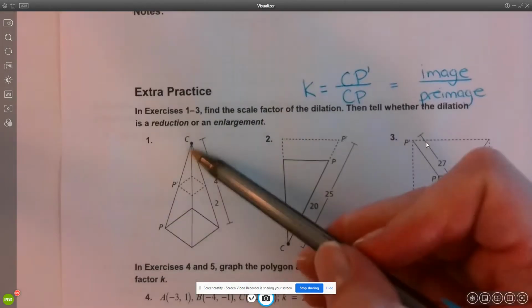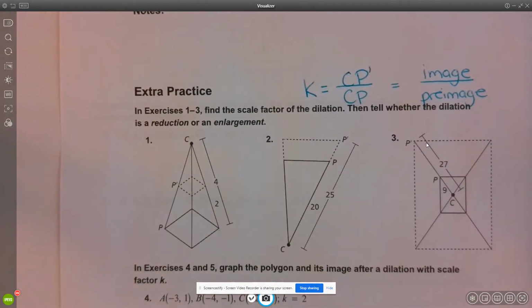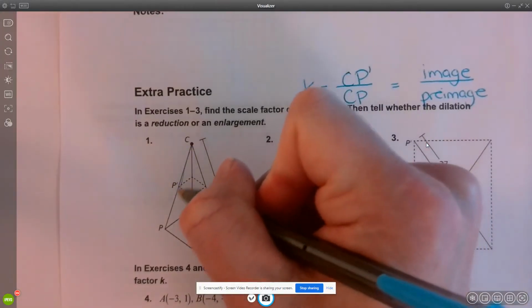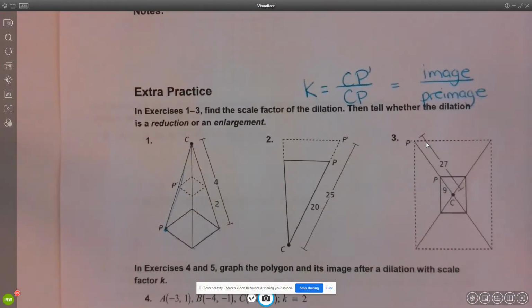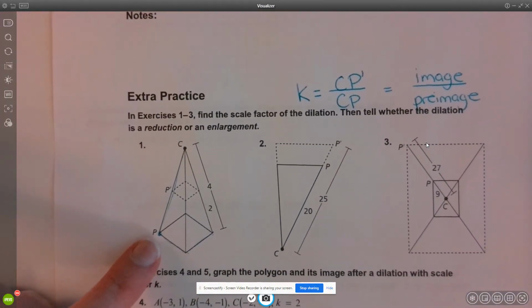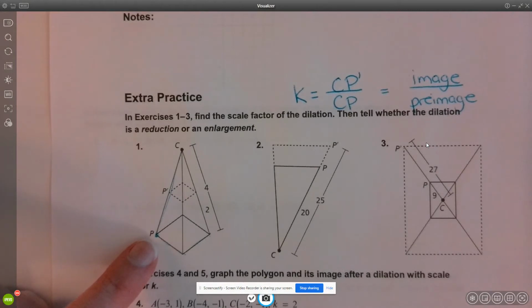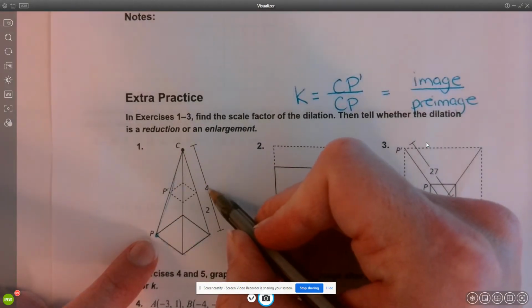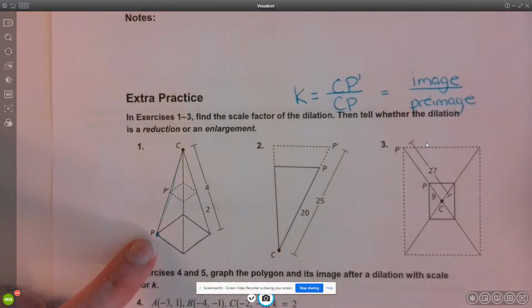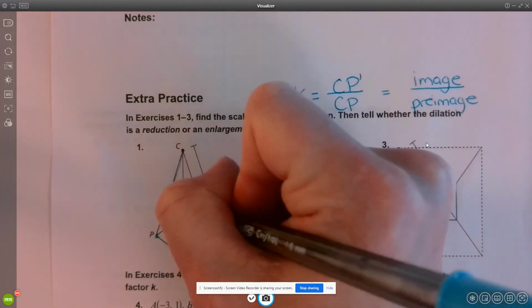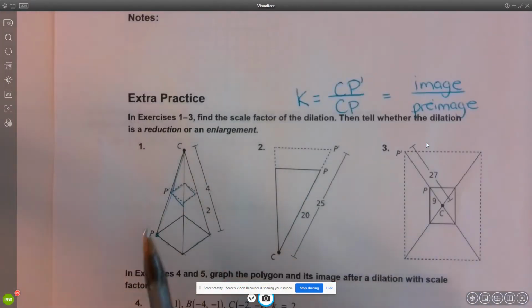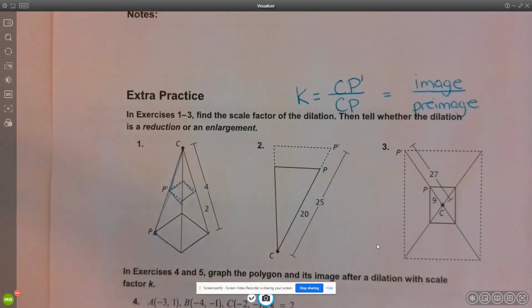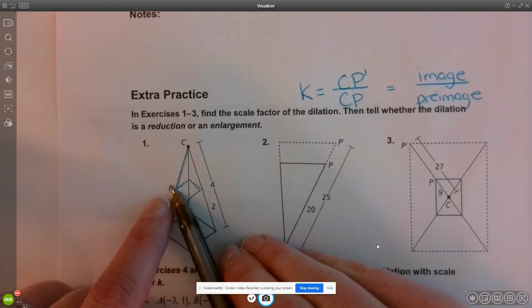Right, so we have a figure here. I can tell it starts out as this larger pyramid because point P without the prime is on that pyramid. And that distance is 4 from C to P. And then the smaller pyramid here is the image. And I can tell that because P has a prime next to it.